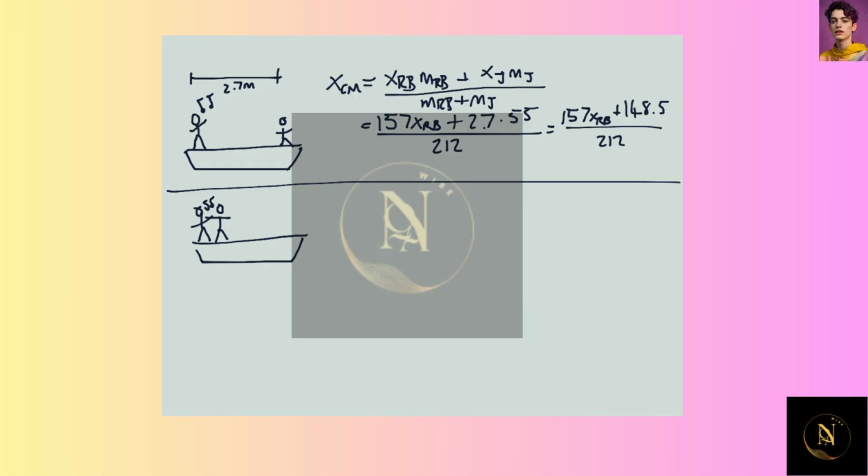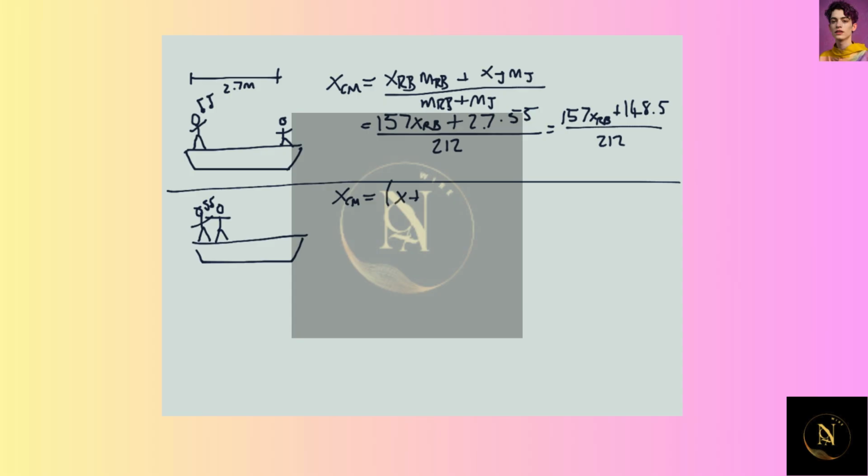Let's find the center of mass when Juliet has moved towards Romeo. The equation is exactly the same thing: XRB MRB plus XJ MJ divided by MRB plus MJ. Now, in this situation, we actually have more unknowns because the position of Juliet is different. So this comes out to be something slightly different.